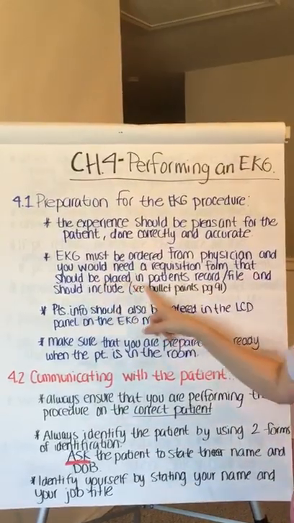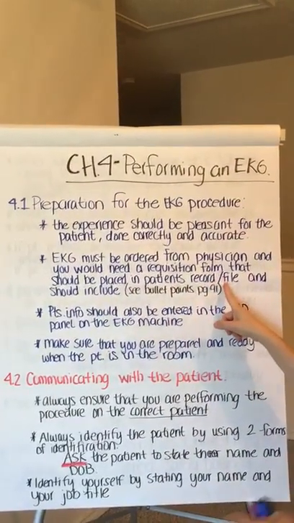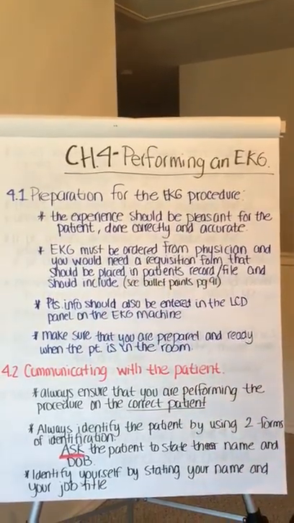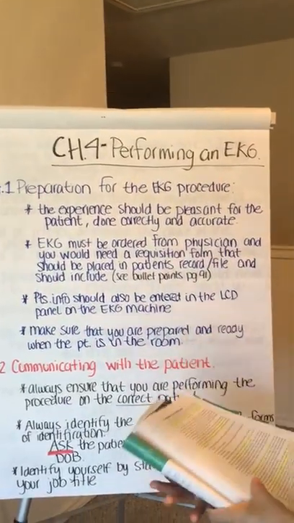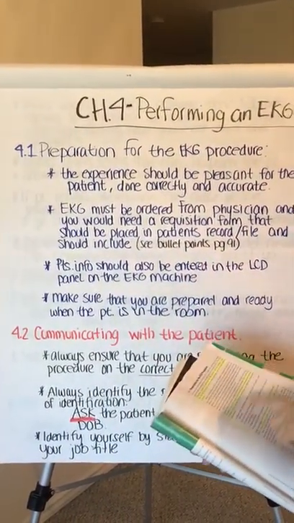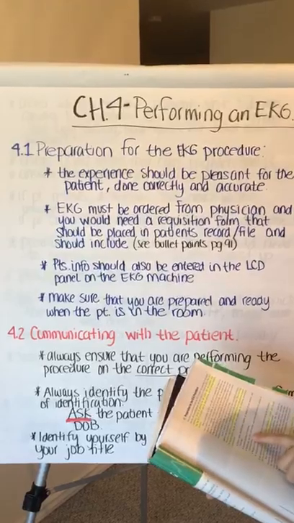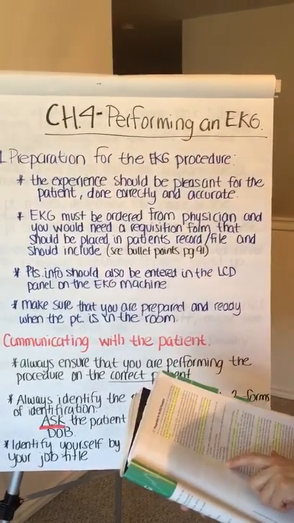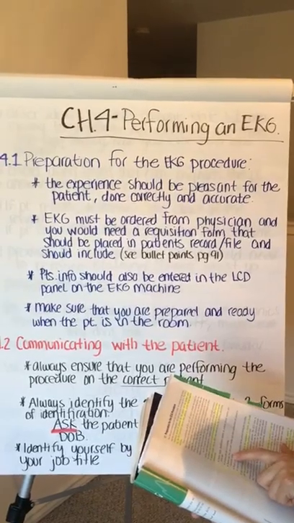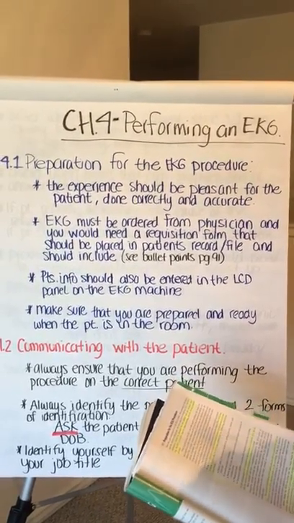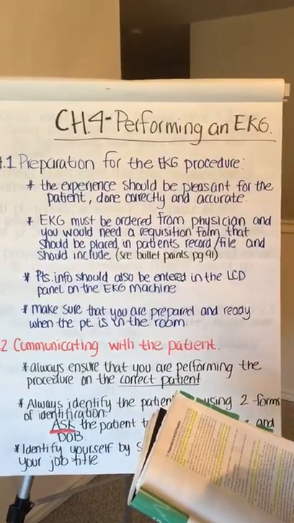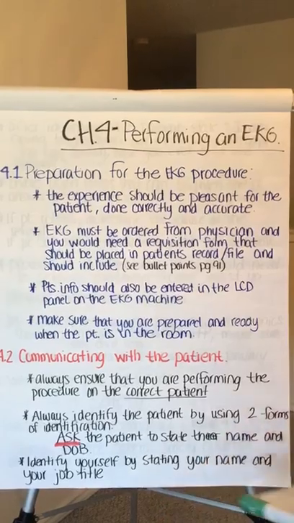And that should be placed on the patient's record file chart and should include, see your bullet points on page 91, the patient's name, chart number or medical record number, date of birth, the location and date of recording, patient's age, sex, race, and cardiac and other medications the patient is currently taking, weight and height, and any special condition or position for the patient during the recording.